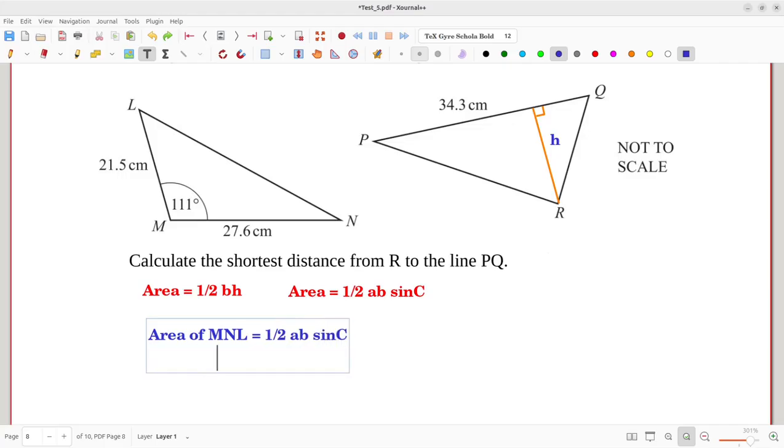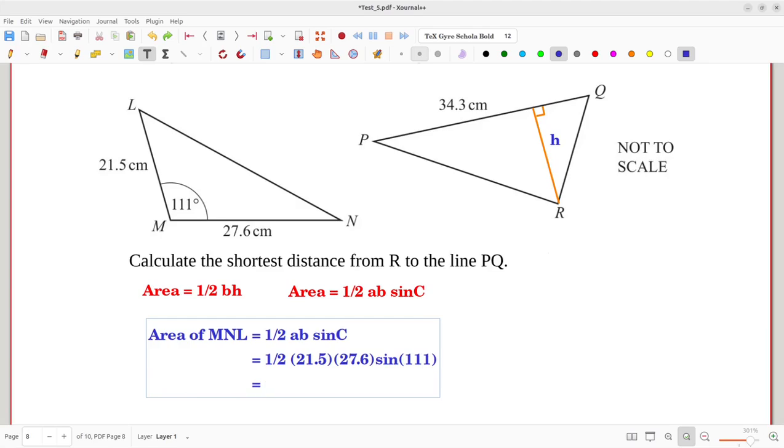So this is giving us what? Half times 21.5 times 27.6 sine. What's the angle there? 111. Then what will this thing give us?